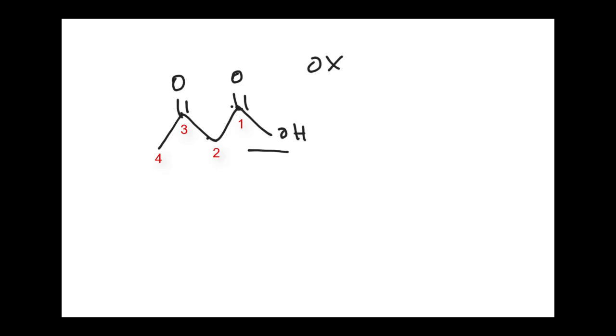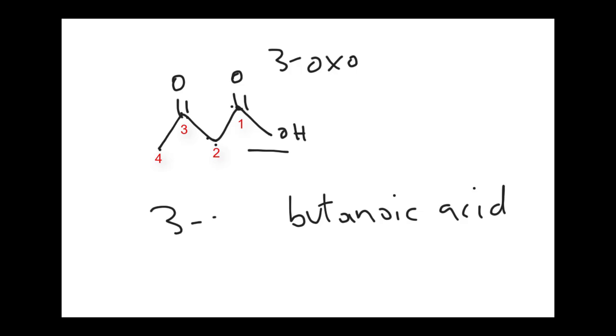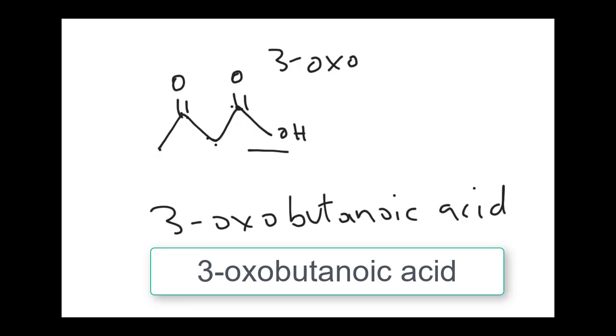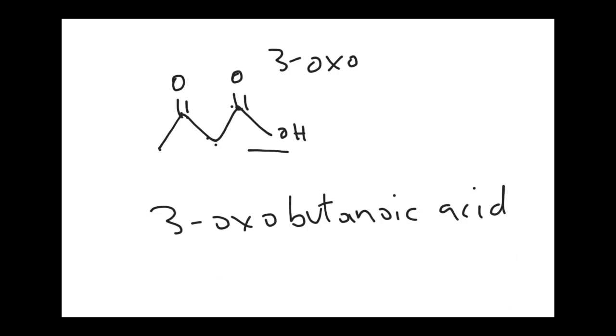So that gets the prefix of oxo. So in the 3 position we have a 3-oxo. It's a 1, 2, 3, 4 carbon chain. So this is a butanoic acid with a 3-oxo. And that will tell us that we have a ketone in the 3 position for butanoic acid.